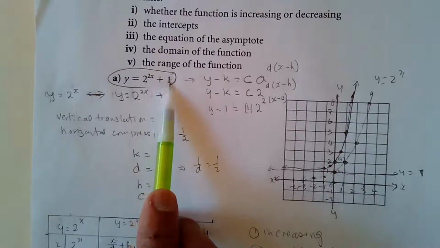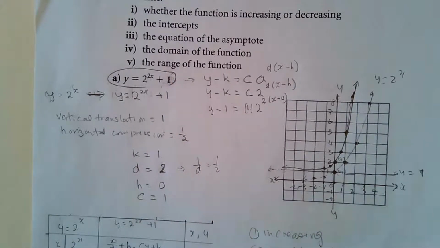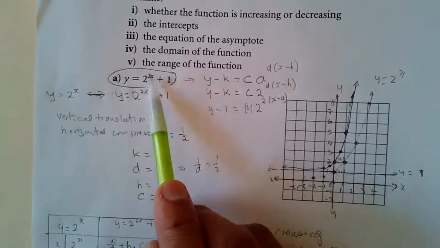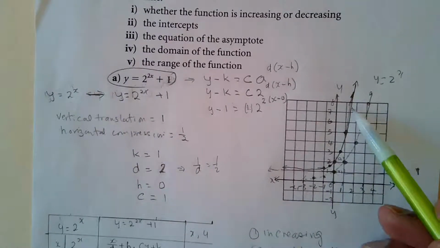Here is your vertical translation, and this is your horizontal compression. If we remove these two, we're left with y is equal to 2 to the x. And that is this graph here.